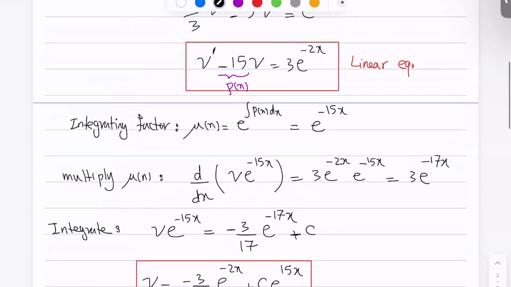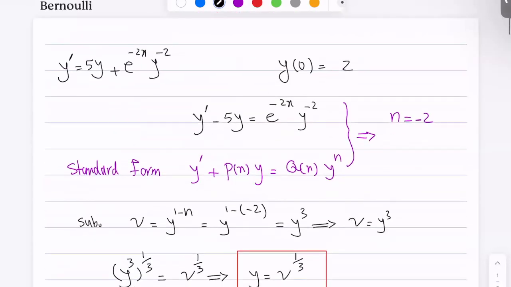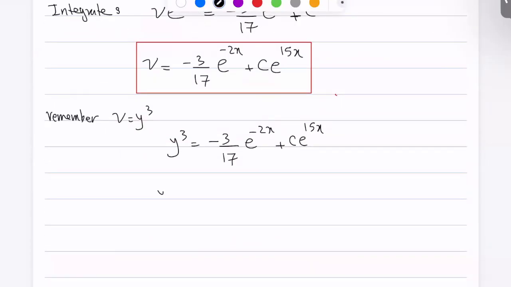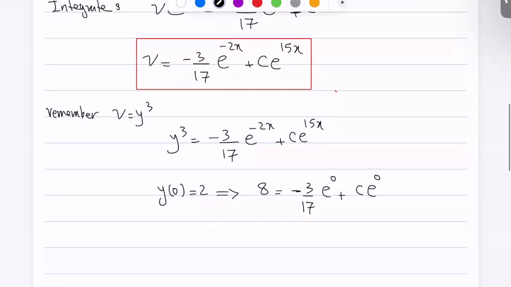But how do we find the constant c? We go back to our initial value, okay? So initial value was y at 0 has to be equal to 2. So if I plug in 0 and 2, I get 8 equals negative 3/17 e to the 0 plus c e to the 0.